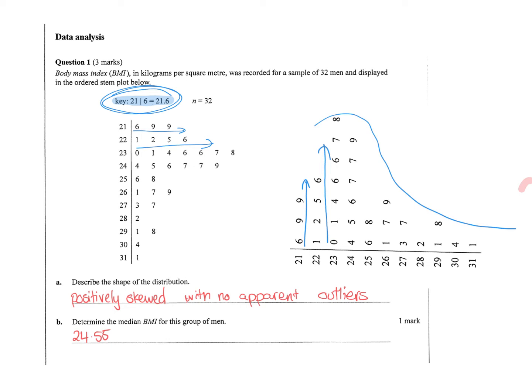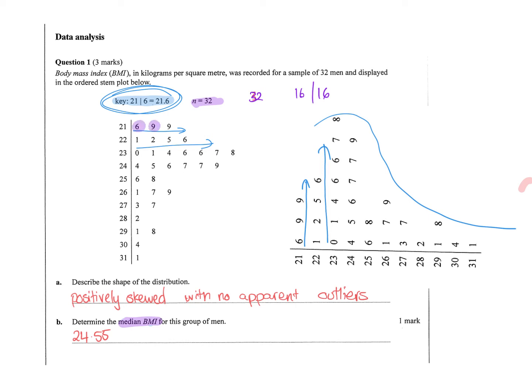Okay, with the next one, it said determine the median BMI for this group. So if you look up here, we've got N is 32. So if you've got 32 data, the median's going to happen between the 16th and 17th data entry. So you've got to count up in order.